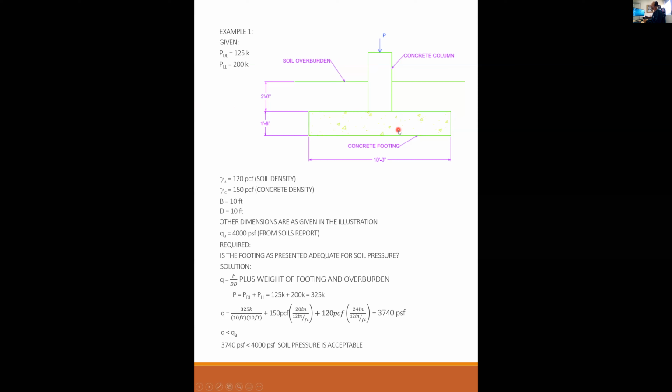The third is that the soil can actually fail itself. What happens when the soil fails is it forms like this big semicircular shear cone. And when it fails, it's going to fail on one side or the other side, and the whole footing tilts.